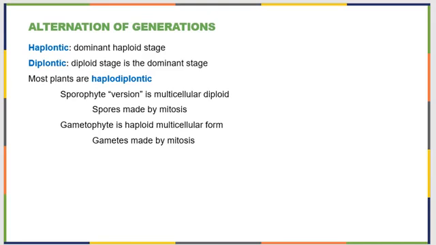However, most plants are haplodiplontic, which is a nice mouthful, and that means that they spend time as a sporophyte and as a gametophyte. The sporophyte version of the plant is multicellular and diploid, and it makes spores by meiosis. The gametophyte, however, is the haploid multicellular form, and it makes gametes by mitosis.